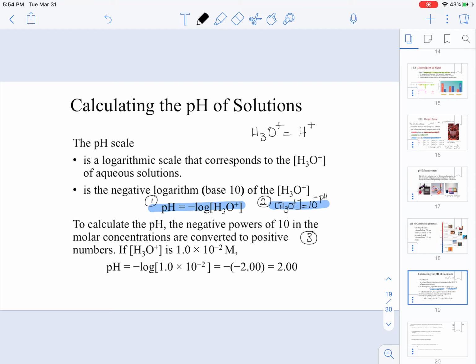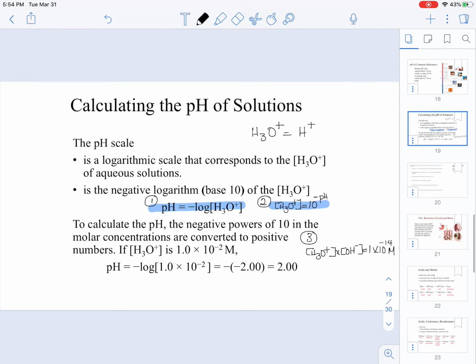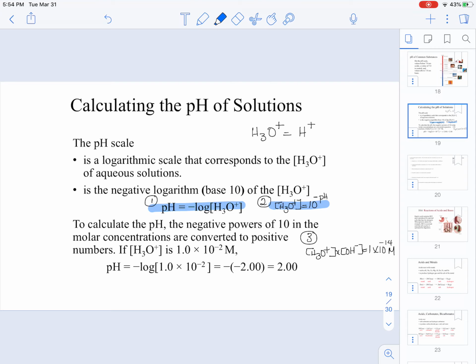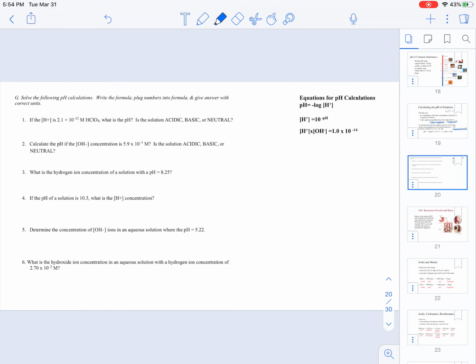The third equation is that the concentration of H3O+ times the concentration of OH-, because we know the values for those two, is going to equal 1 times 10 to the negative 14 molar. So we are going to utilize these three equations that I just gave you guys for doing some problems that you need to be familiar with for quizzes and for exams.